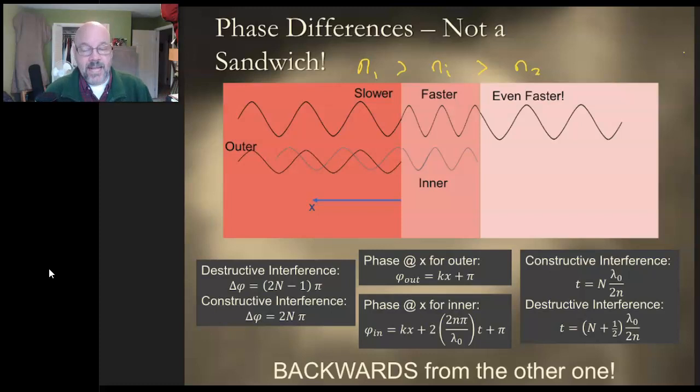But again, it could also be the other way. Instead of going slower, faster, even faster, we could go even faster, a little slower, and even a little slower. So we could be speeding up with every boundary or slowing down with every boundary.